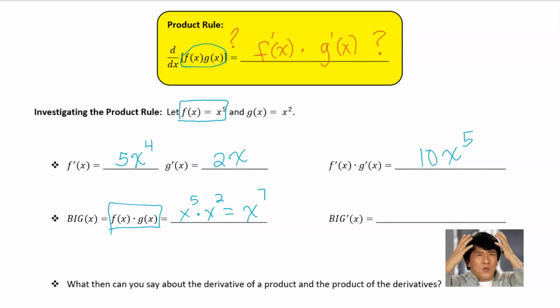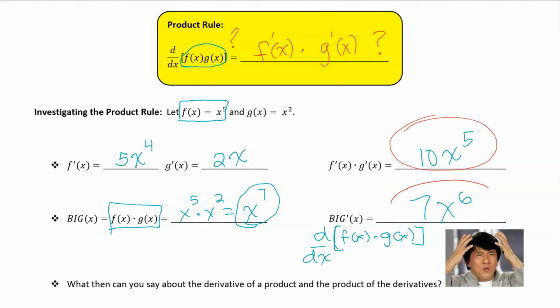When you take the derivative of f of x times g of x, that's the derivative of x to the 7th, and we know the derivative of x to the 7th power is 7x to the 6th. Now, if you compare these two, they're not the same, right?